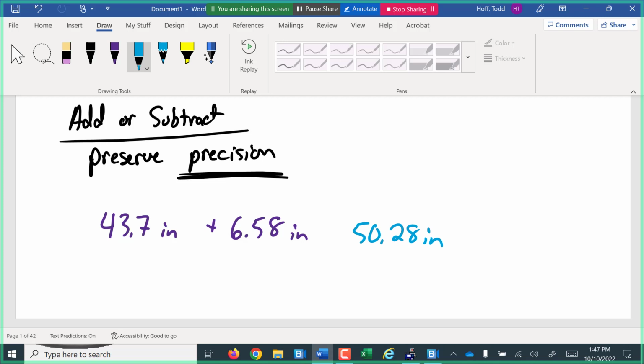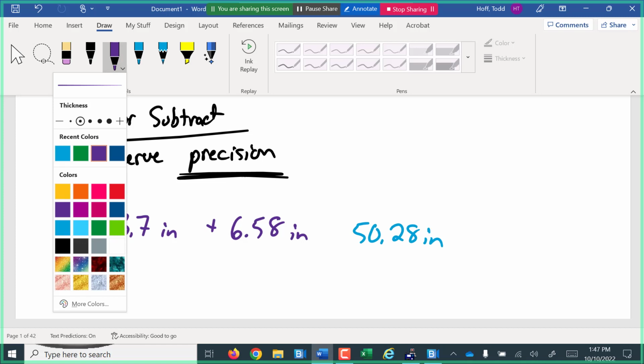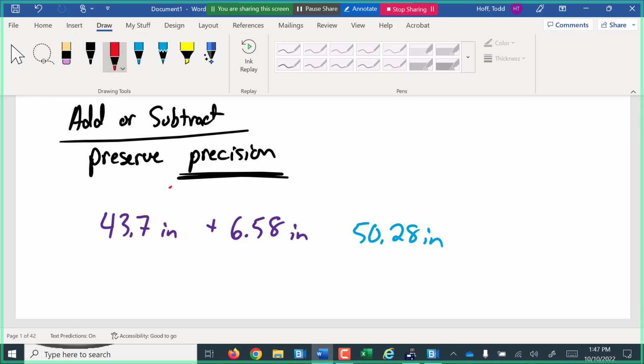Well, I have to round that to the appropriate place value. And to find that place value, I look at the precision of each measurement. What is the precision of this first measurement here? Remember, precision is place value. So what's the place value of that last digit?